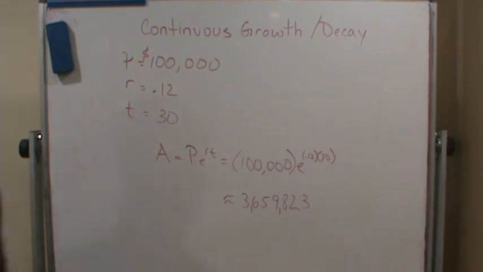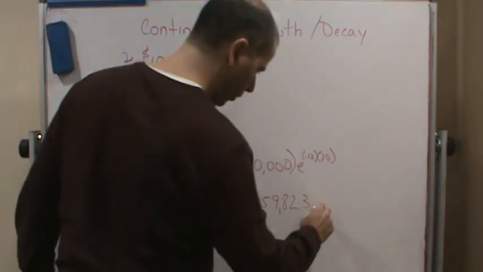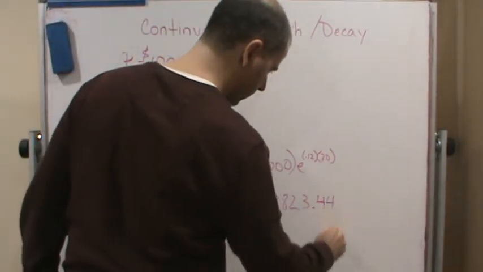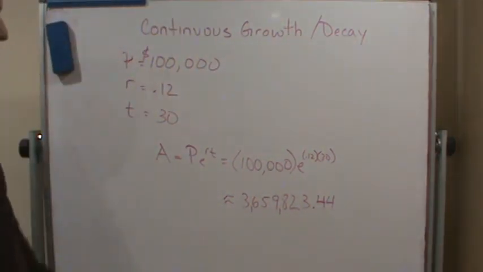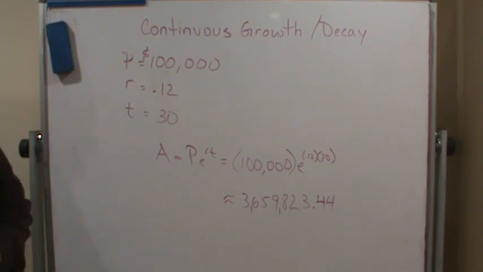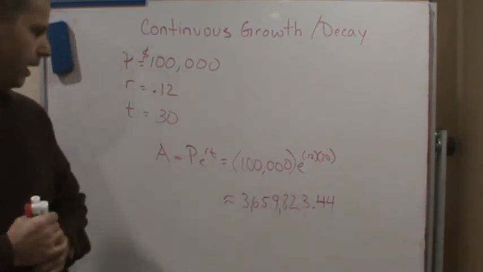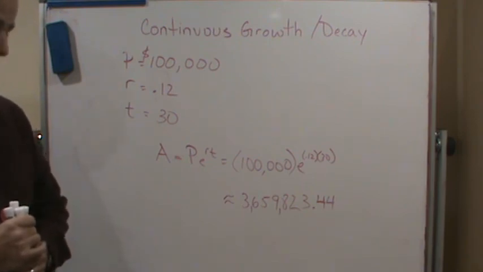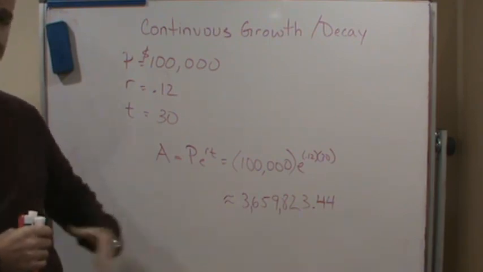Okay, if you round it to the nearest dollar, or to the nearest penny. So you'll have over $3.6 million in the bank if you were able to invest $100,000 over a 30-year period. And if you were able to get it tax-free, that'd be awesome.